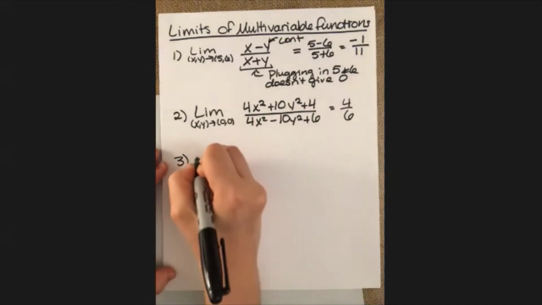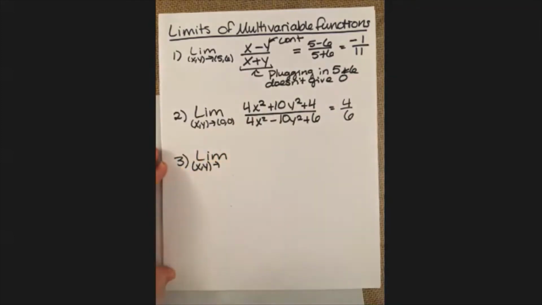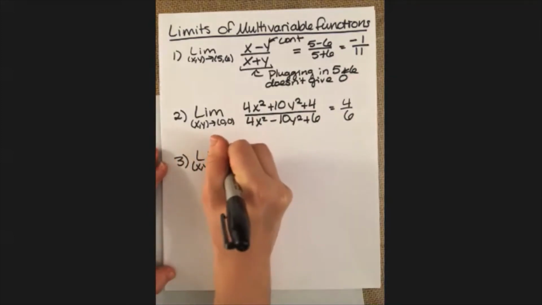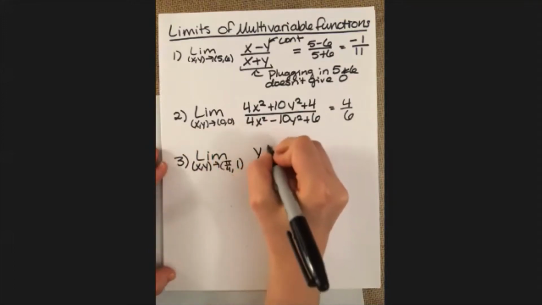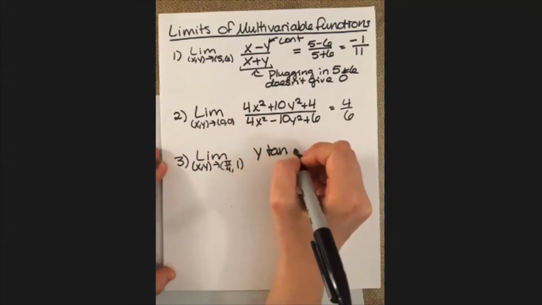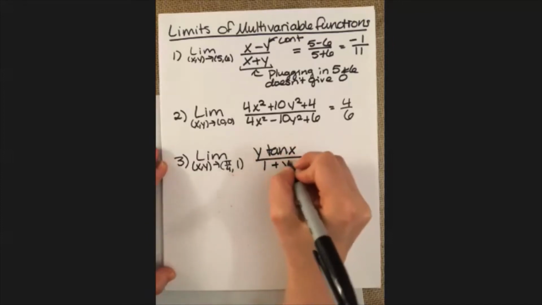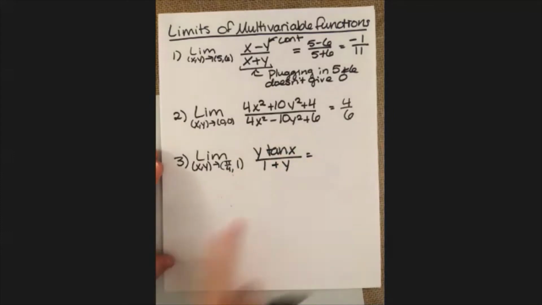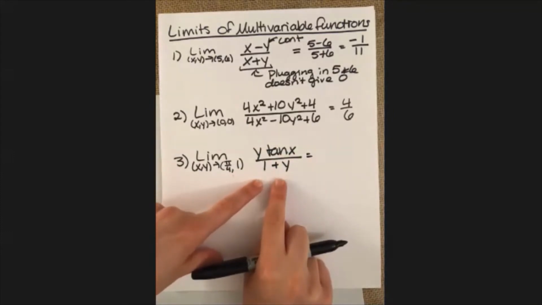Our third example is the limit as x, y approaches pi over 4, 1 of y times tangent of x divided by 1 plus y. Okay, so plugging a 1 in for y here doesn't give us 0 in the denominator.